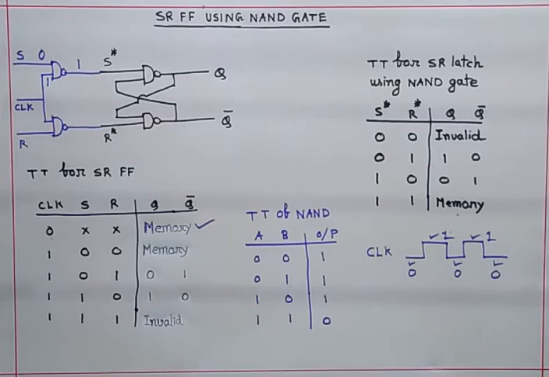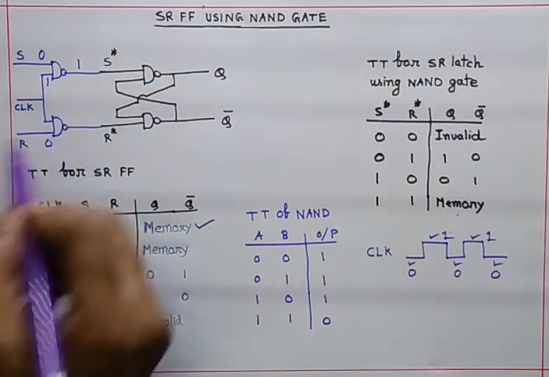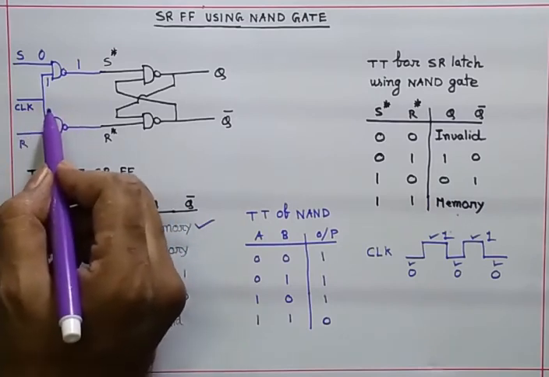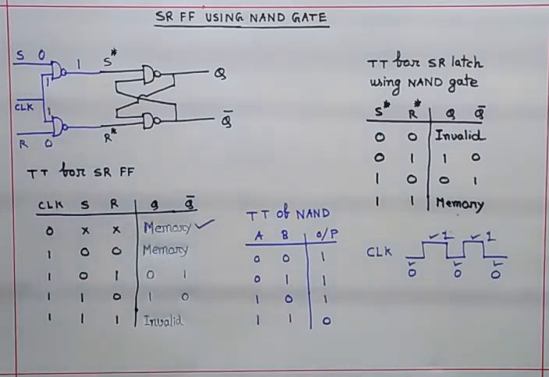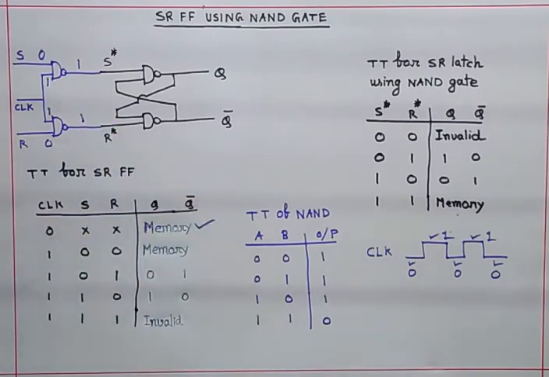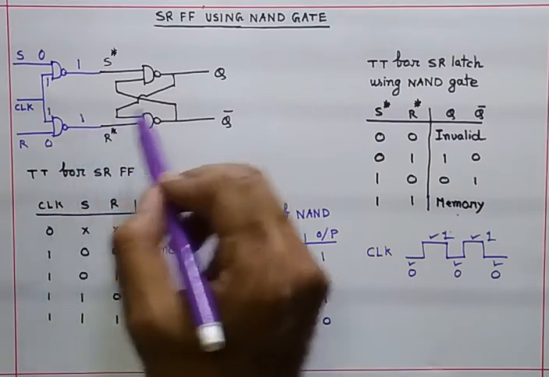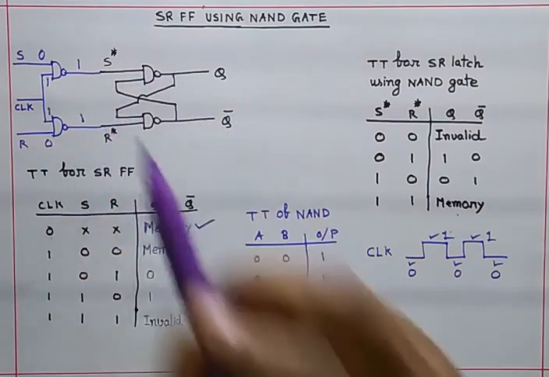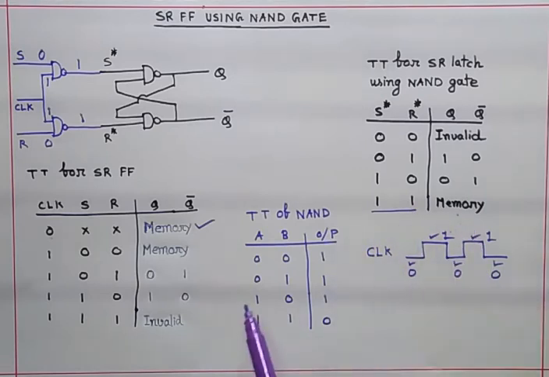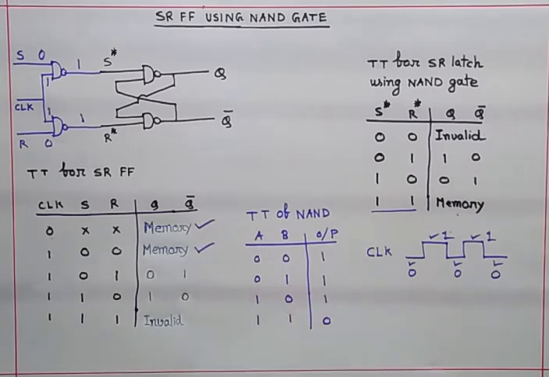Also here R is equal to 0, and also this is 1. Now for 1 0, again the output is 1. That means again you are getting 1 1 as your input to this SR latch. Again you know that for 1 1 the SR latch behaves as memory. That means this line output will also be memory.